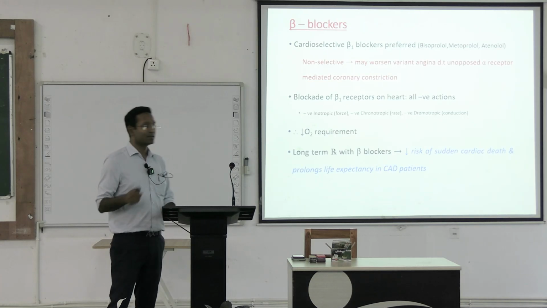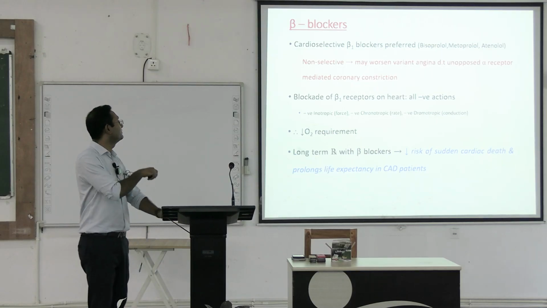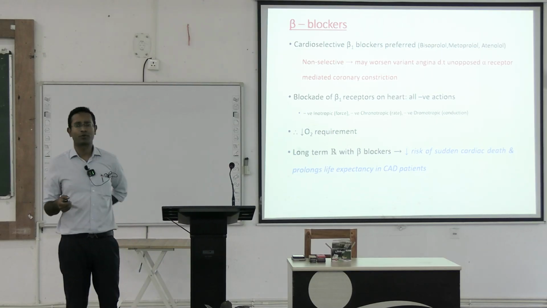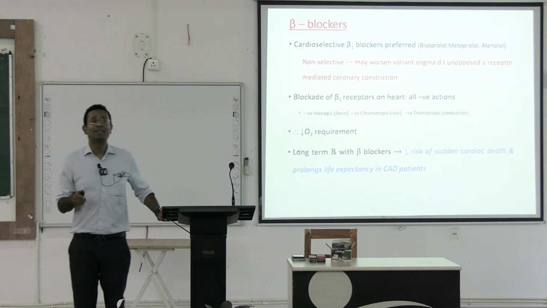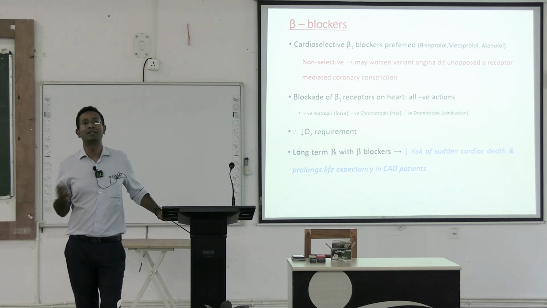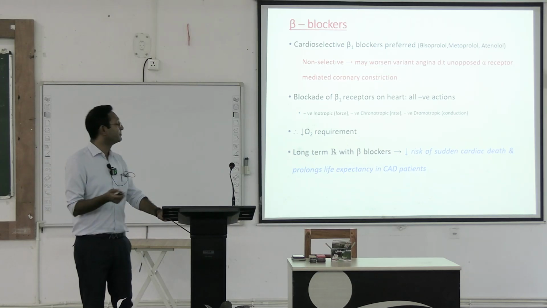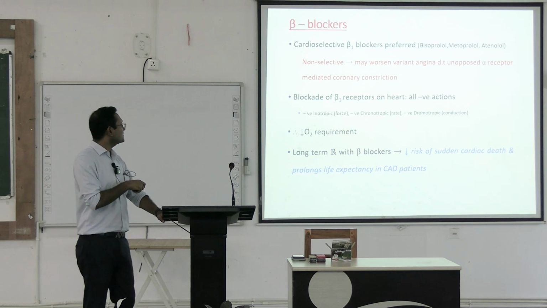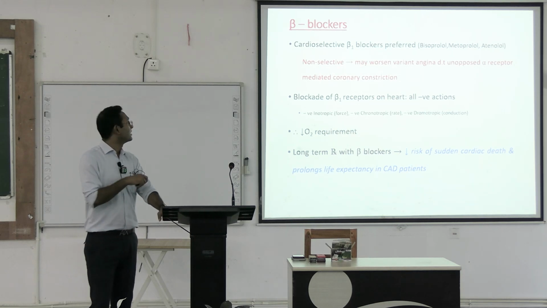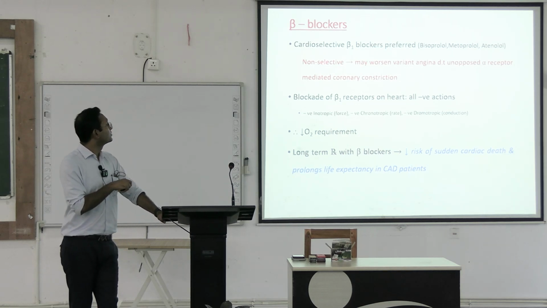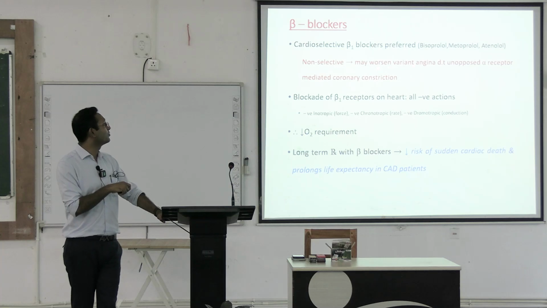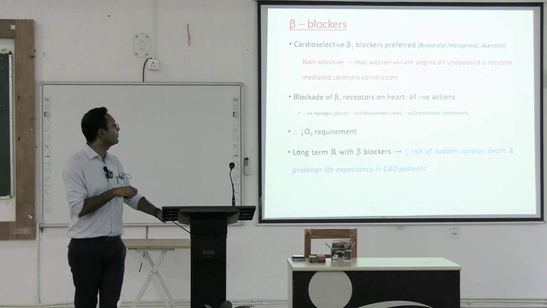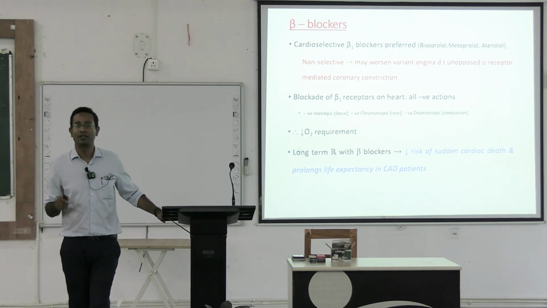Next are the beta blockers. As I mentioned, cardio-selective beta-1 blockers are preferred, like bisoprolol, atenolol or metoprolol. Non-selective blockers are not used because they may worsen variant angina due to unopposed alpha receptor-mediated coronary constriction.